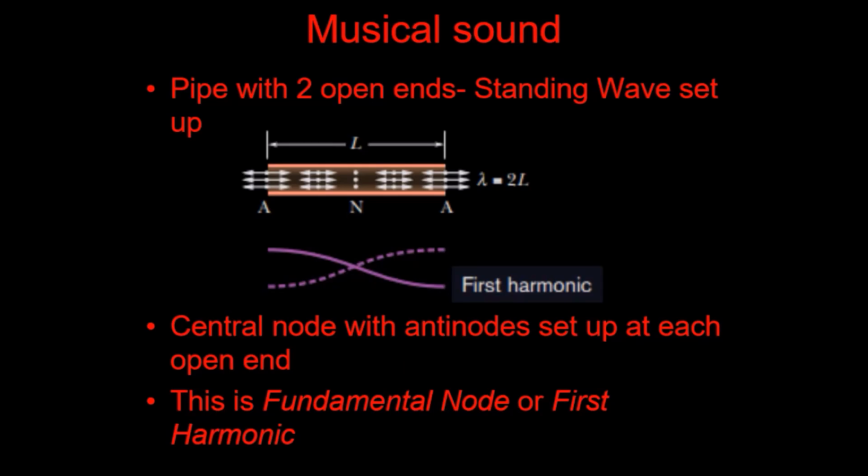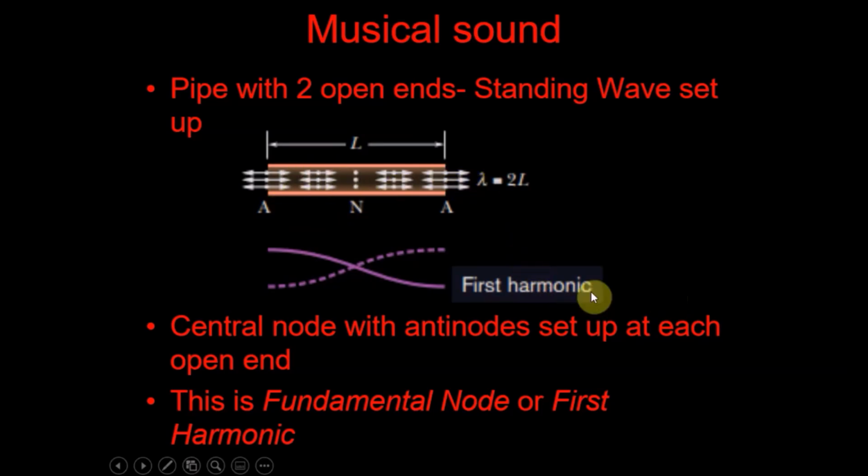And if you take a pipe with two open ends and essentially pass air through it, what you will do is set up a standing wave within that pipe. Here is the pipe of length L, and you'll end up with interference set up in here, giving you antinodes and nodes: an antinode at this end, an antinode at this end, and a node in the center.